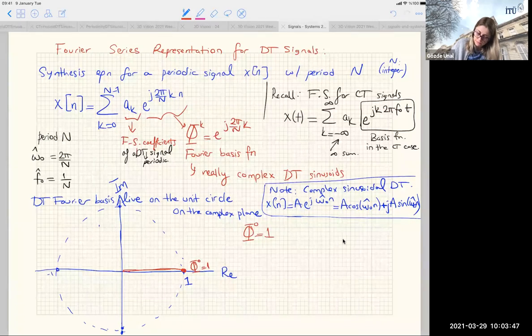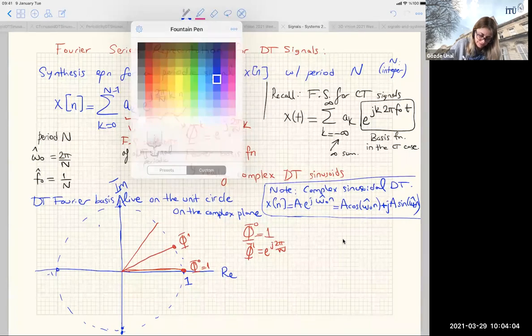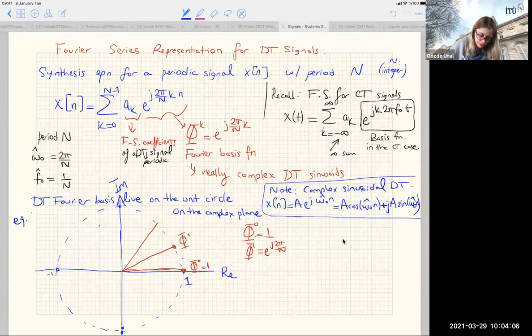Phi 1, k equals 1, is just e to the j 2 pi over N. Let me draw it for a specific case, say N is 12. So phi 1 is really e to the j 2 pi over 12, so pi over 6, which is 30 degrees. It's somewhere here.